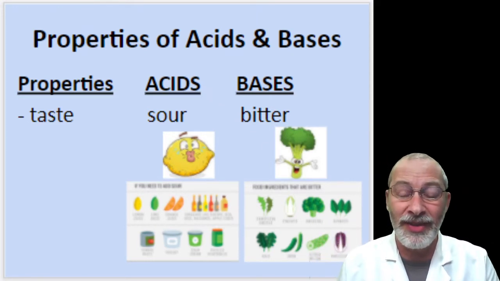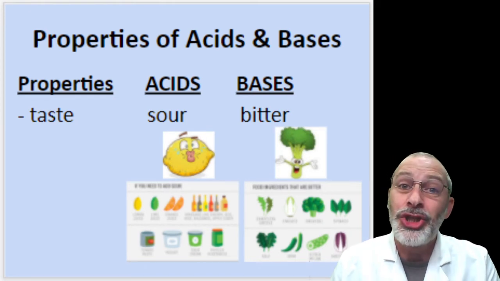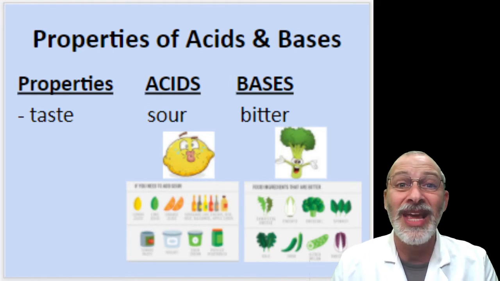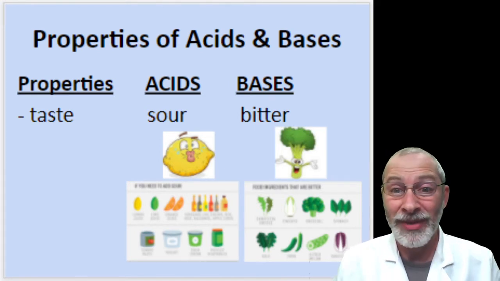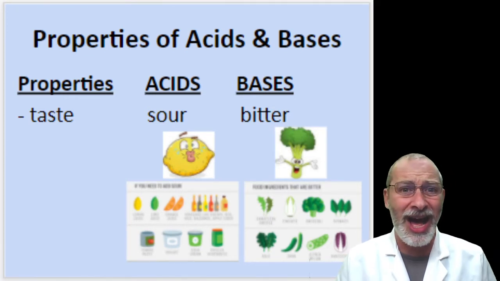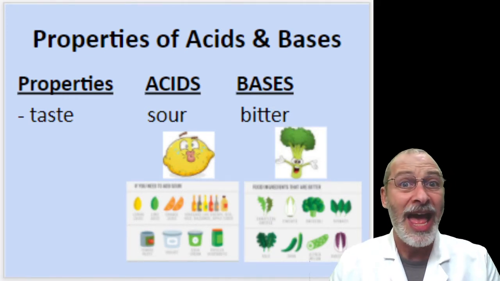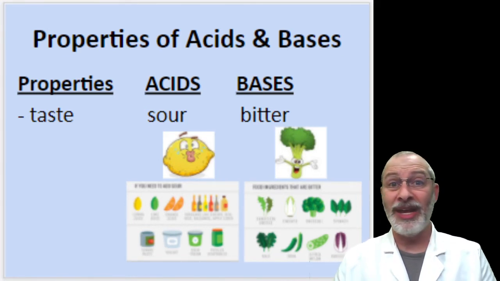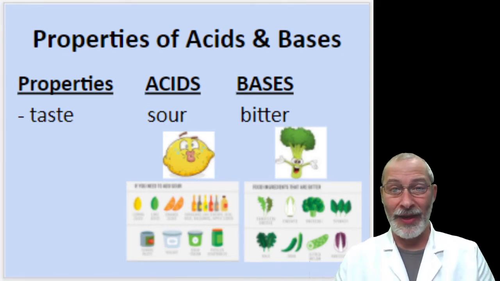If you taste something that is sour, chances are it is because it contains acids. Think of lemons for a moment. It's got a high content of citric acid in it. Oranges have ascorbic acid in them.